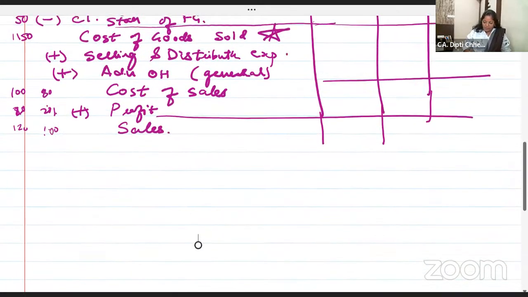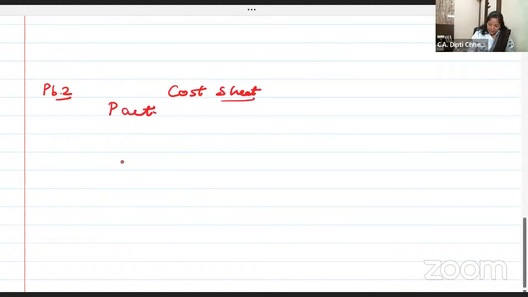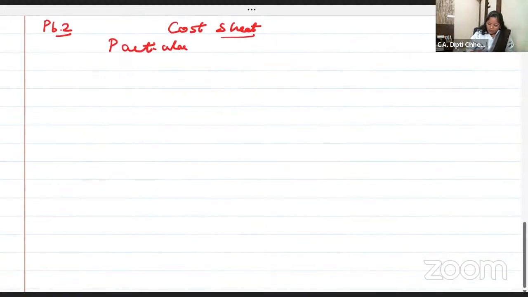Okay. So around one page I'm leaving here and then I'm going to the next one. So we are doing problem number 2 now. We are preparing a simple cost sheet. So we will take up particulars. There is no working required now.